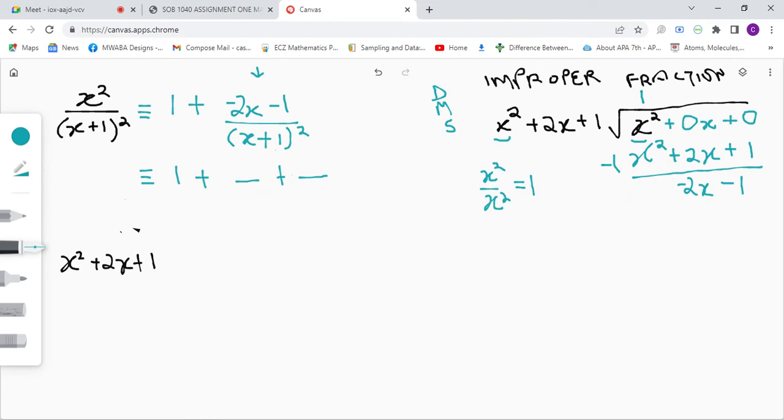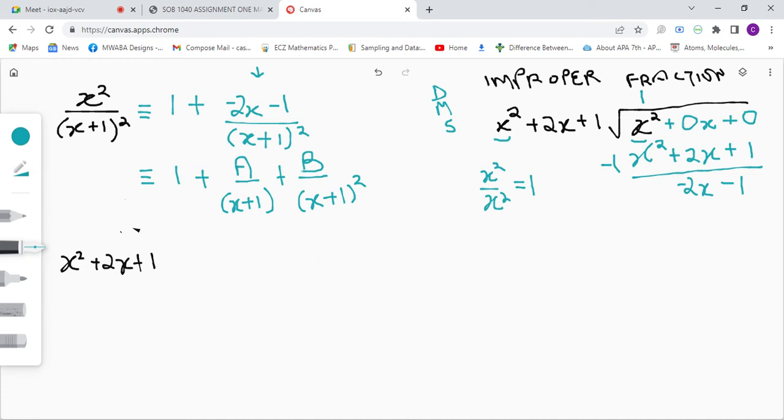Whenever you're dealing with repeated linear denominators, you write a lower factor with a lower power. So we start with x plus 1. Do not make the mistake of writing x plus 1 squared first. You first write x plus 1, and then the second factor will be x plus 1 squared. Then we put A and B.